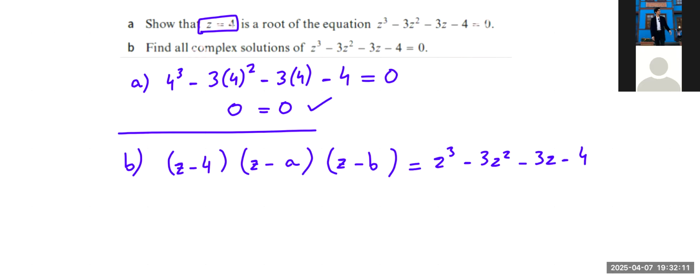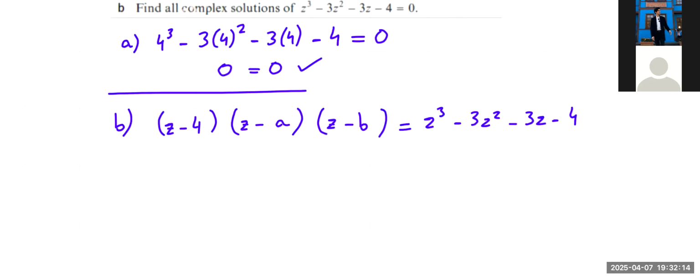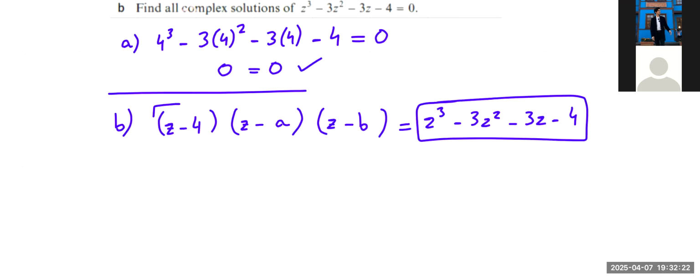Then what I'm going to do is realize that since this guy contains each of these three components, why not divide this with z minus 4, and realize that the quadratic I'm going to be left over with is going to be this stuff.